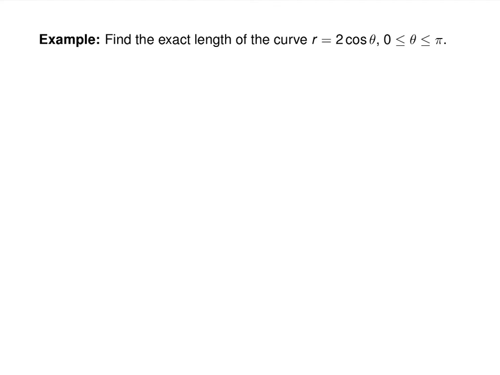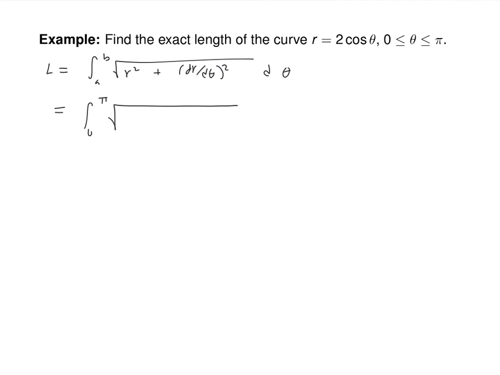So this length is the integral from a to b square root r squared plus dr d theta squared d theta. So we're told that the angles are between 0 and pi. Well, r squared will be 4 cosine squared theta, and since dr d theta is negative 2 sine theta, that squared will be 4 sine squared theta.